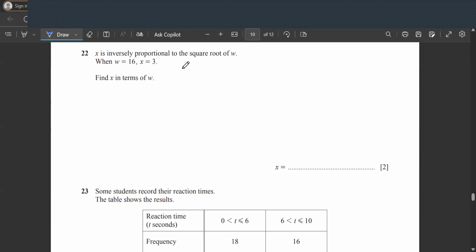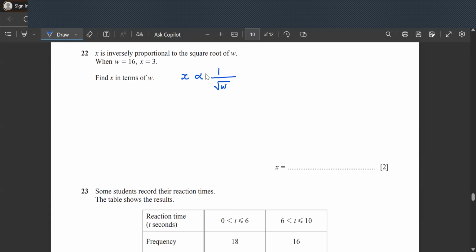Okay, so x is inversely proportional. X inversely means 1 over what? Square root of w. Then what should I do?